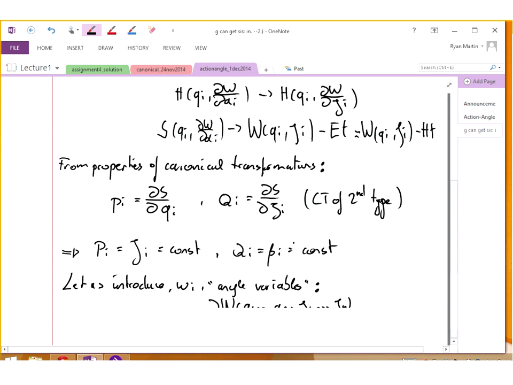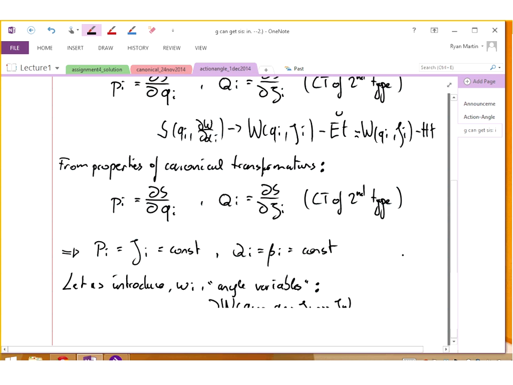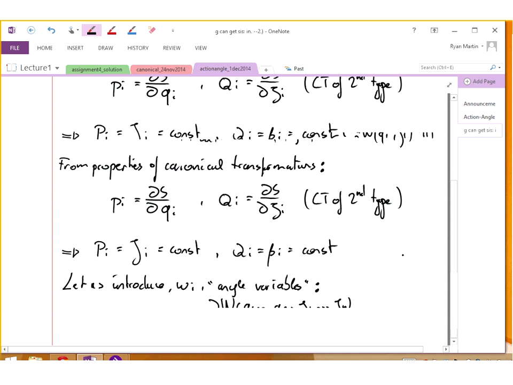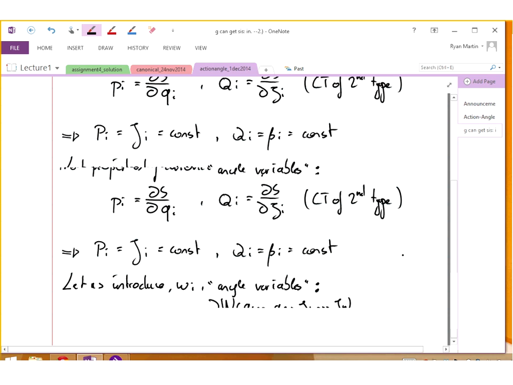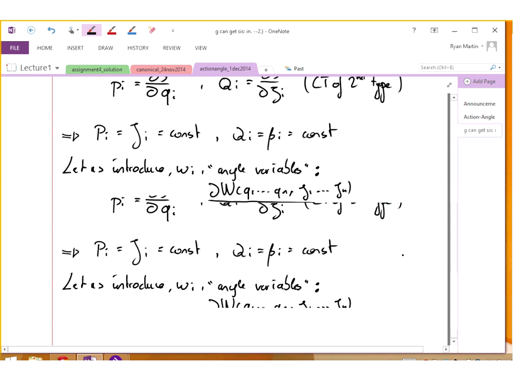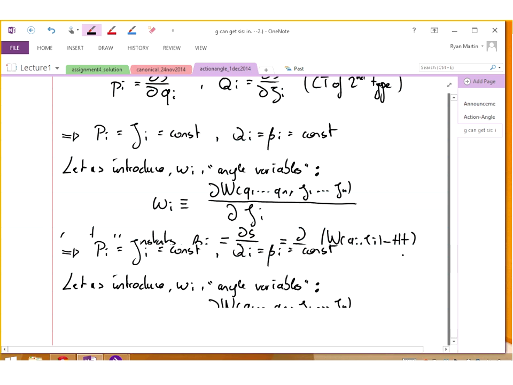If I plug in our formula for S, that's di by di Ji, but since S is separable, that's di by di Ji of W of the QI and Ji minus H times T. I'll just let this update. I don't know why it's so slow to update.